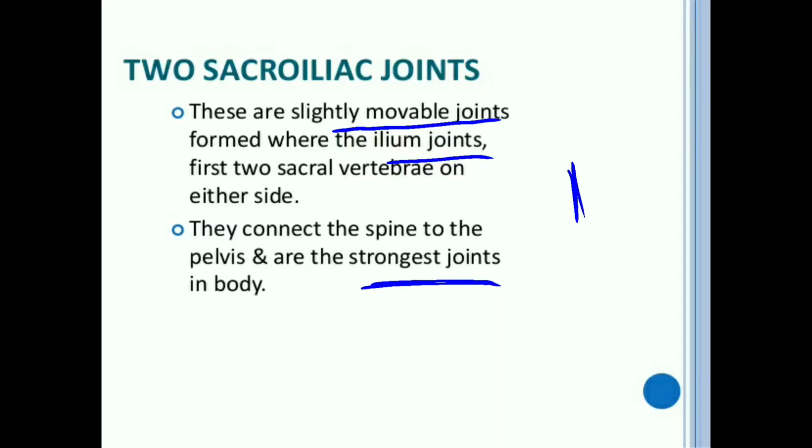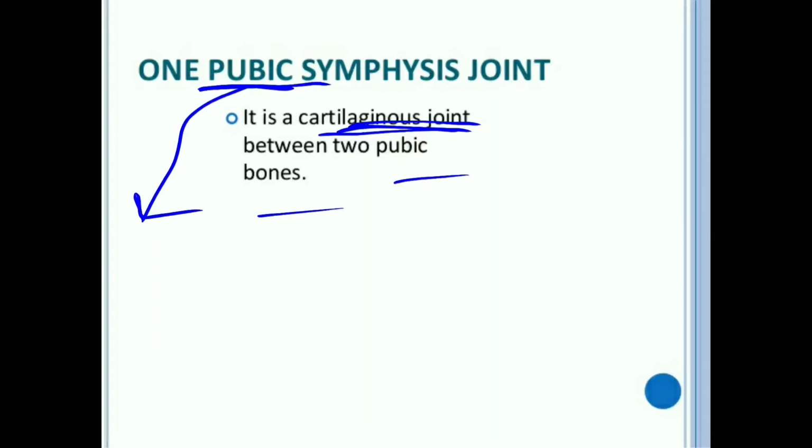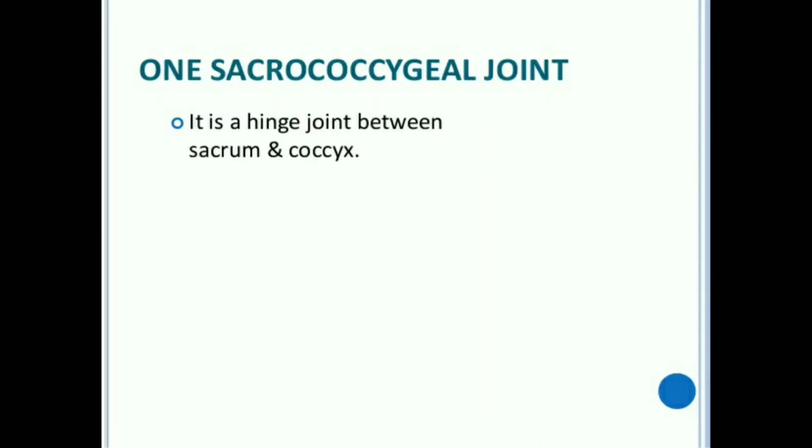Which is the strongest joint in our body? It is the sacroiliac joint, because it is connecting the spine to the pelvis. But then the pubic symphysis is a cartilaginous joint. Remember this, it is a cartilaginous joint between 2 pubic bones. Sacrococcygeal is a joint between sacrum and coccyx, and it is a hinge joint.